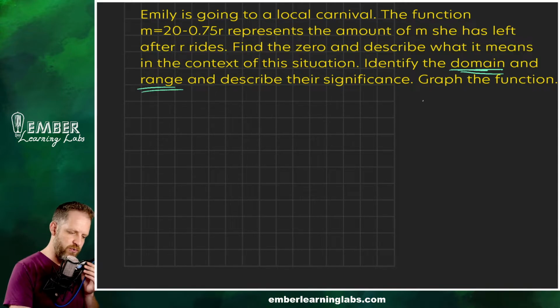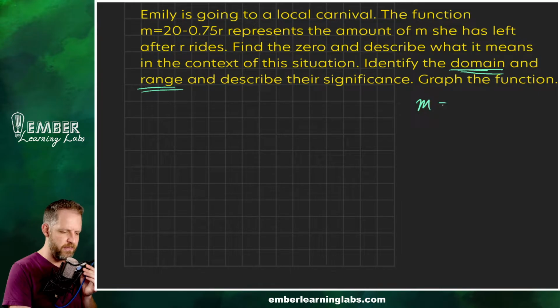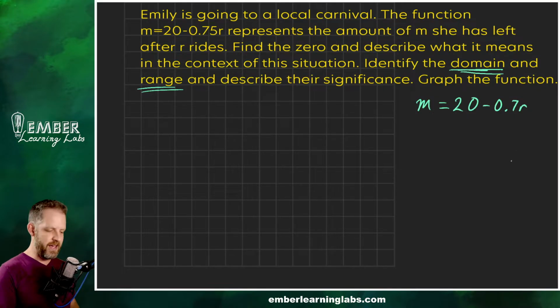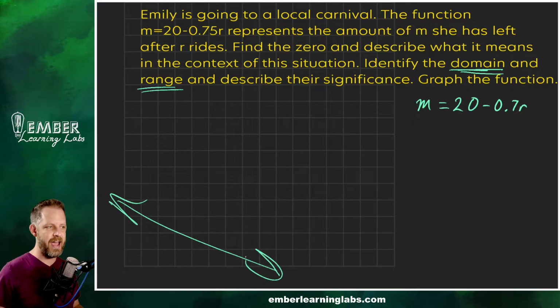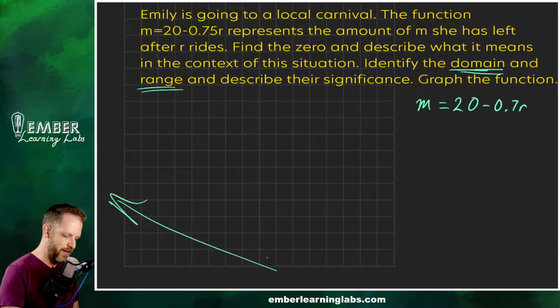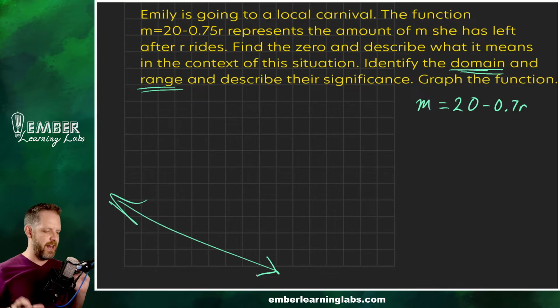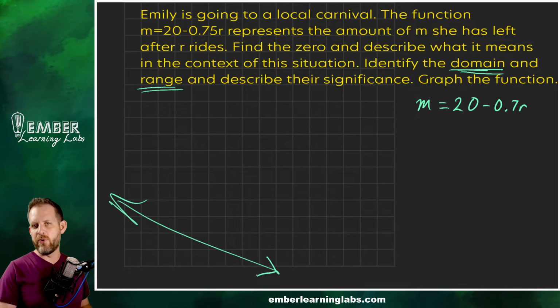Because if we were to just graph the function m equals 20 minus 0.75r, then it would be a straight line, looking something like this. That's not at all remotely accurate. That's a really junky version of a graph, but it's going to look something like that if we were to graph it.